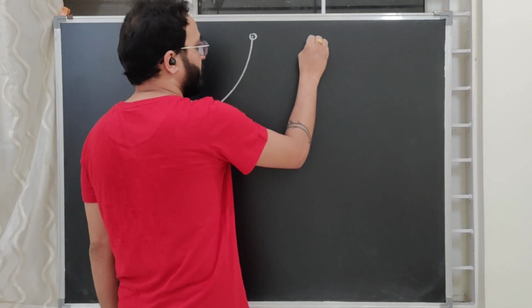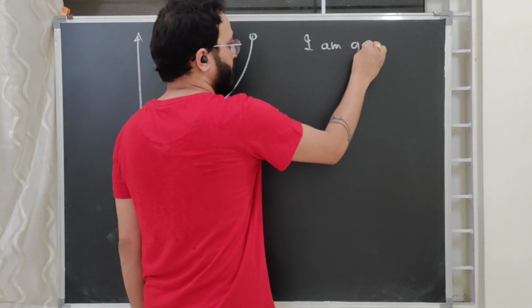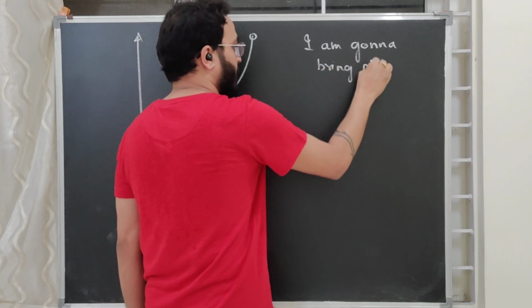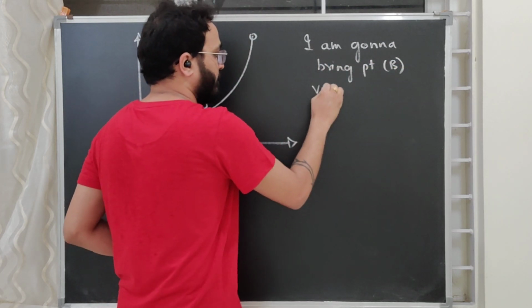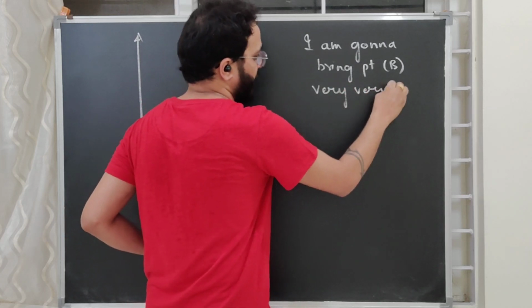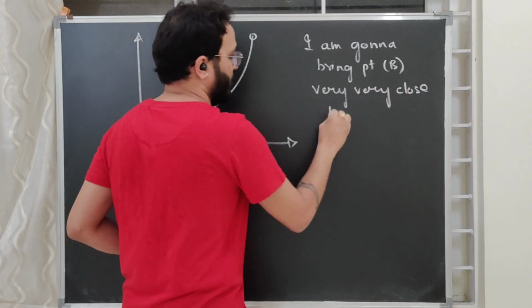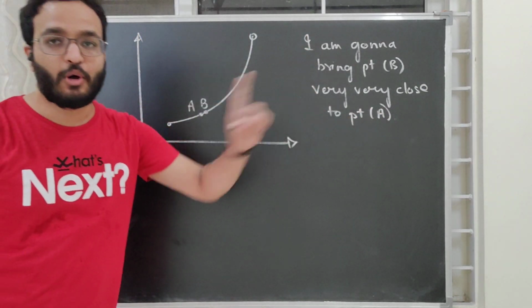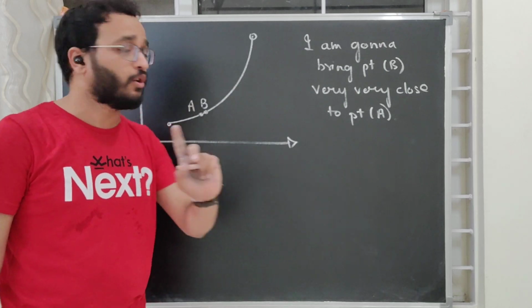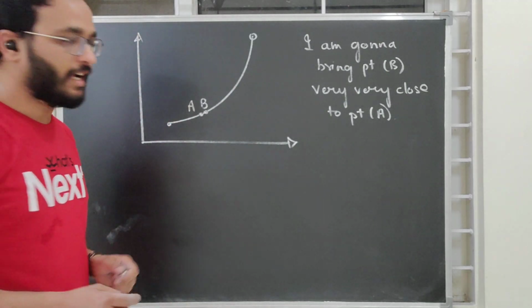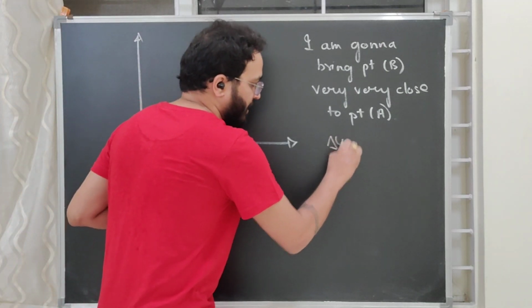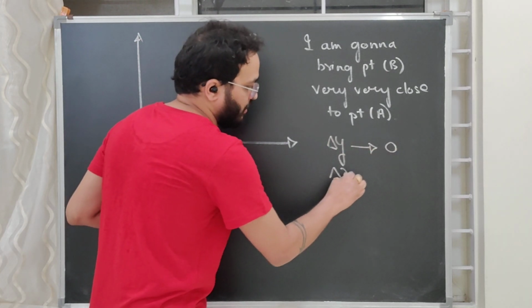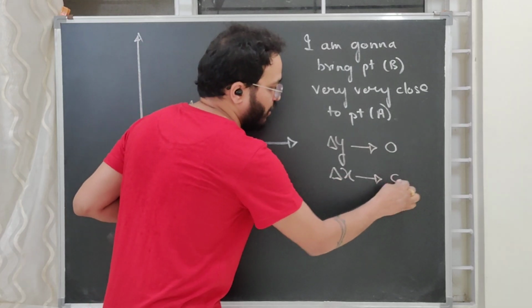So what I'm going to do is bring point B very close to point A, such that delta y almost tends to 0 and delta x almost tends to 0.